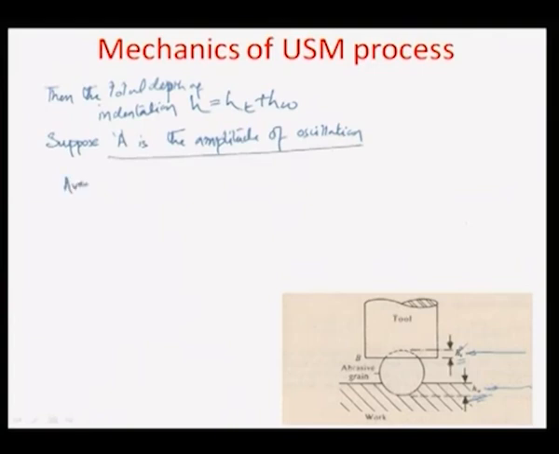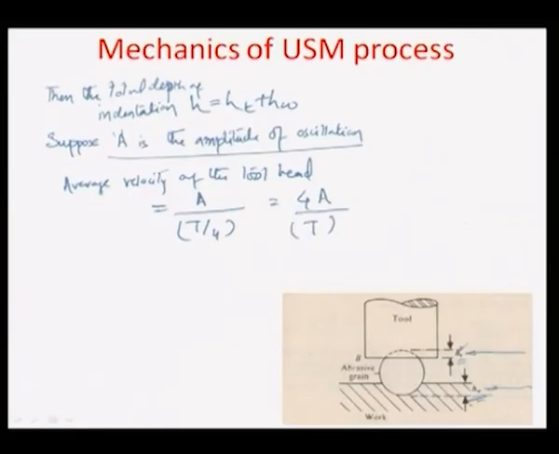So, the average velocity of the tool head is basically the amplitude A by the time period in one quarter cycle. That is how the definition of amplitude comes into picture. So, it is 4 times of amplitude of the tool divided by the total time period of motion of the oscillating tool head.